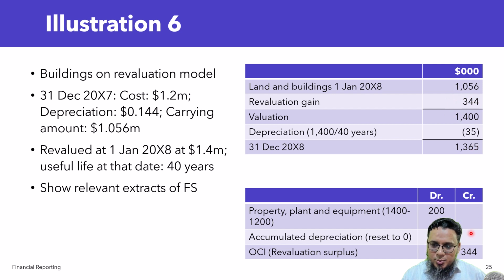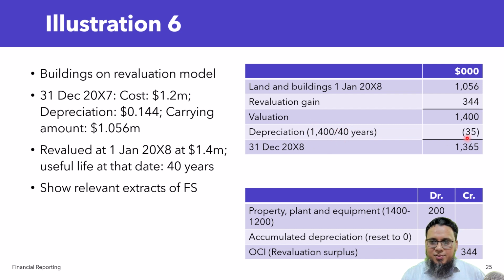How does it get distributed is here. 200 is the addition that you need to show on the valuation side: 1400 minus 1200, 200. And the accumulated depreciation, which was 144, sets off to 0, showing you total revaluation surplus of 344. And the depreciation for that year definitely needs to be on the new amount divided by 40 years, which is the life.